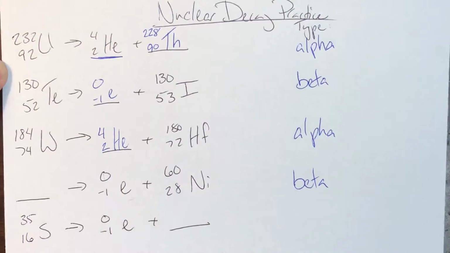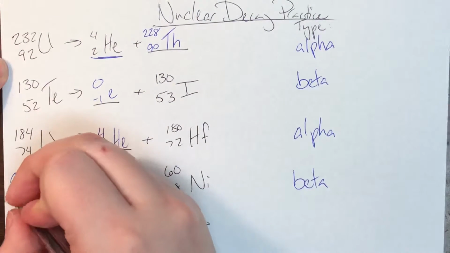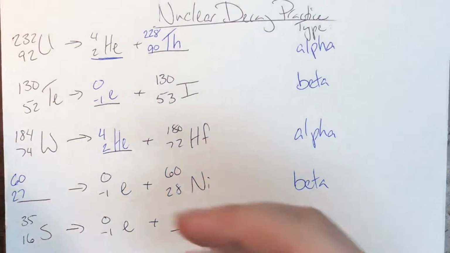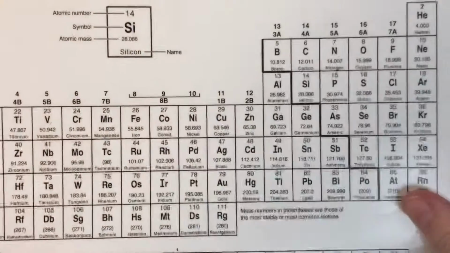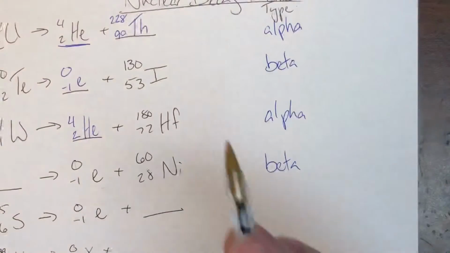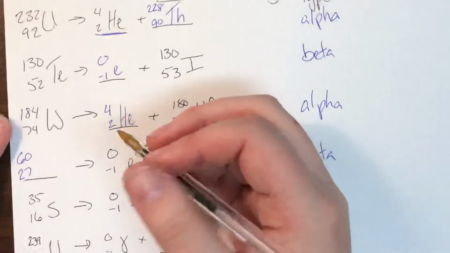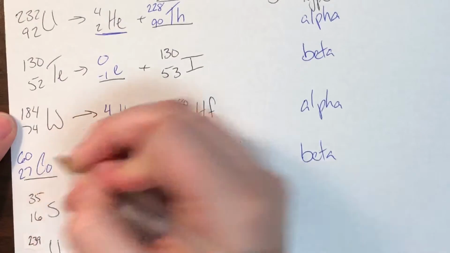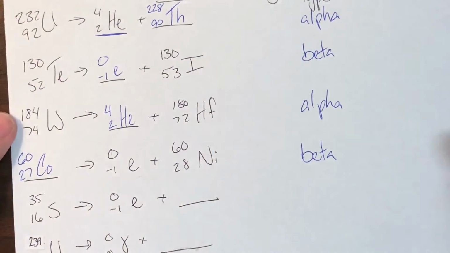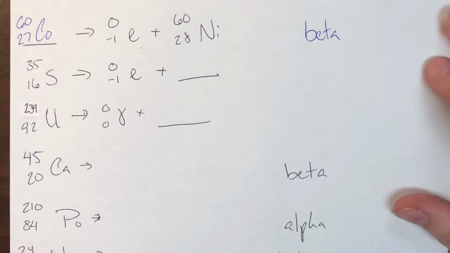Now the mass is going to still be 60, but my proton number is going to be 28 minus 1, which will be 27. And so I need to find the element that has the atomic number 27, and that is going to be cobalt. So I'll go ahead and just say that this is cobalt that underwent beta decay and it turned into nickel.